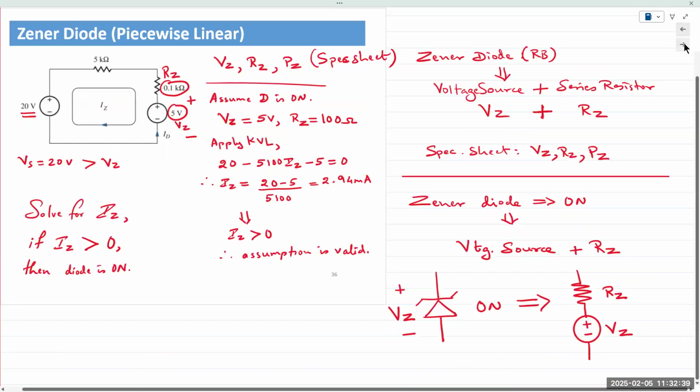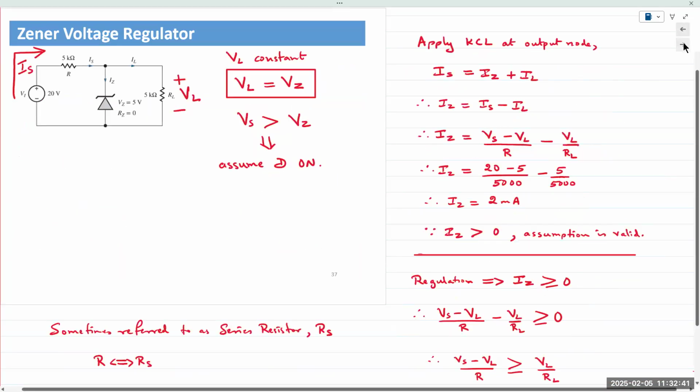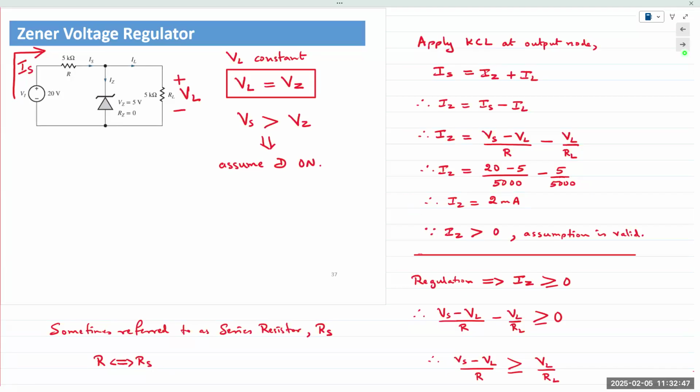But when you add a load resistor, it's sinking some of the current, and IZ is now 2 milliamps. Same Zener diode, but RL values affect the current flowing through it. If the current to the Zener diode drops below a certain level, then it's not going to turn on. So both RS and RL affect the operation of the Zener diode.